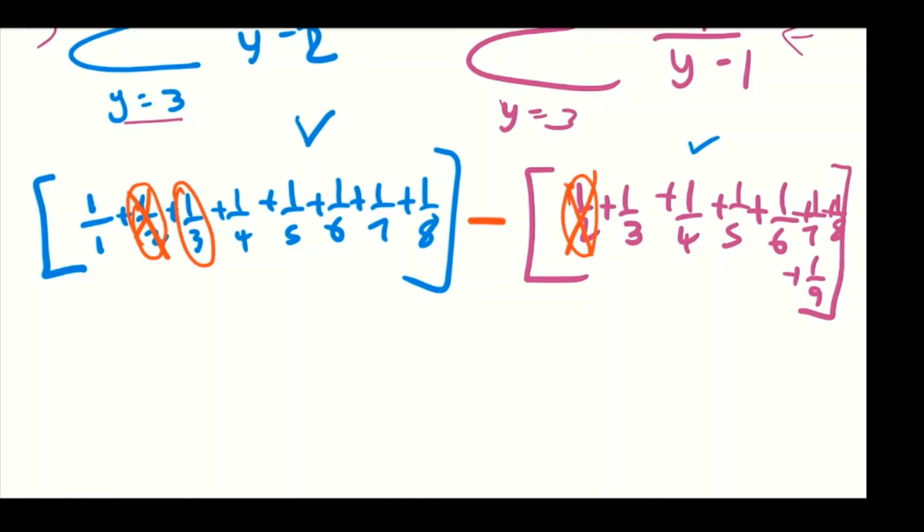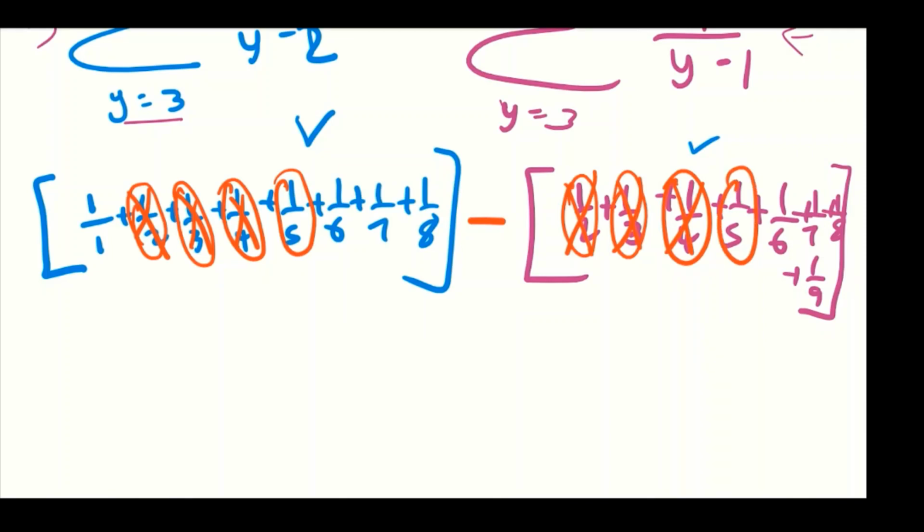This 1 over 3 will subtract this 1 over 3, so they go away. 1 over 4 will subtract this 1 over 4, and then 1 over 5 will subtract this 1 over 5, so they also go away. We have 1 over 6 subtracting 1 over 6, cancel out. 1 over 7 subtracting 1 over 7, so you also cancel out. 1 over 8 subtracting this 1 over 8, so you cancel out.